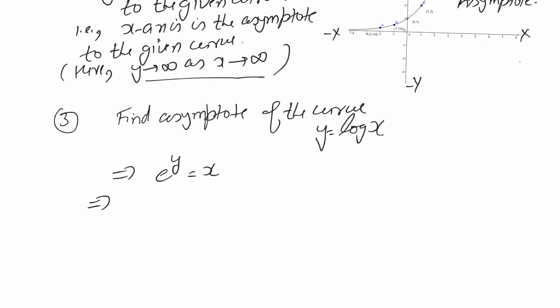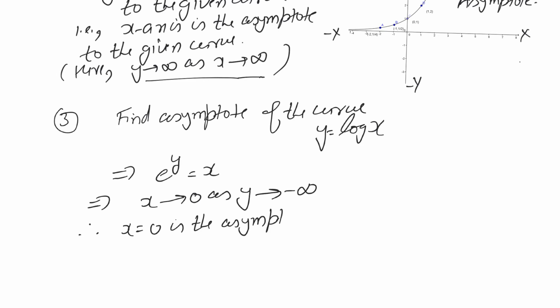This implies that x will become 0 as y will approach to minus infinity. Therefore the x is equal to 0 is the asymptote to the given curve, and this asymptote is a vertical asymptote.